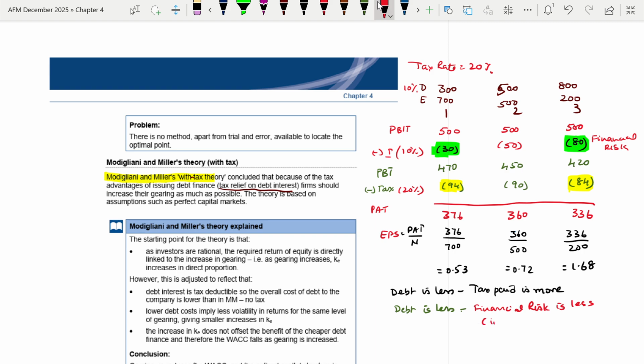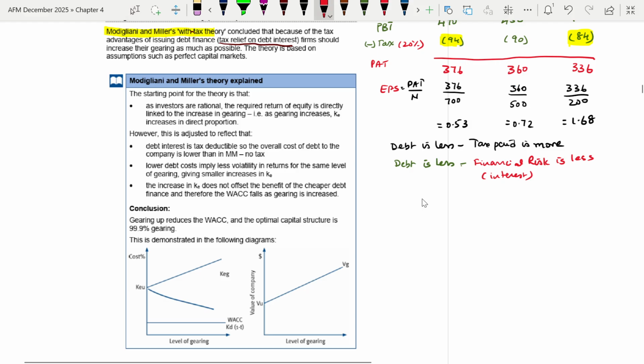Within brackets, for your understanding, I put interest. Now, so many things you can conclude from different aspects, is it right?